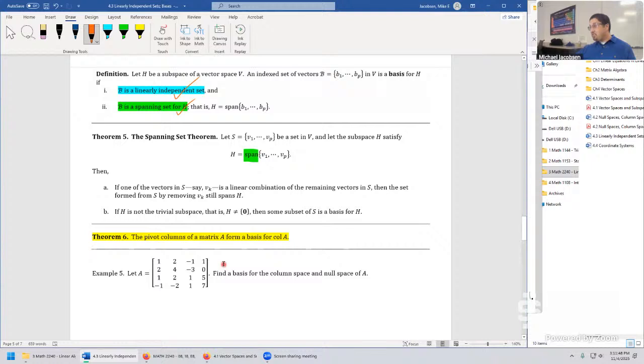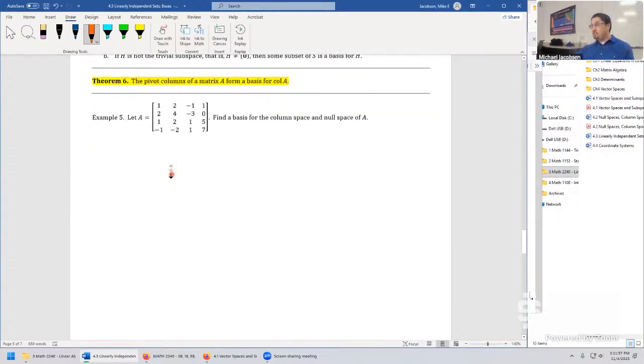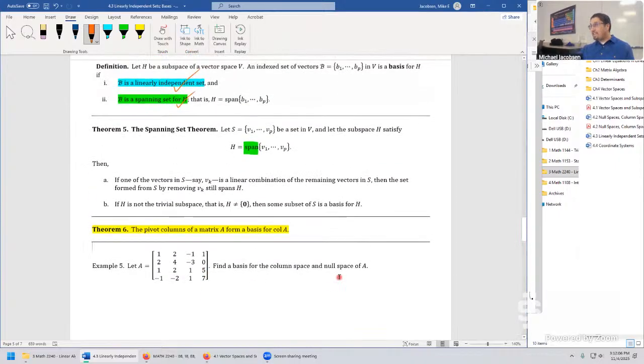So we want to find a basis for both the column space and the null space. We're using the definition, we're using the spanning set theorem, but here's what it all boils down to. We grab the pivot columns and we have a basis automatically. So that's an amazing theorem because it takes something pretty abstract, all this information here, and boils it down to just where are the pivots.